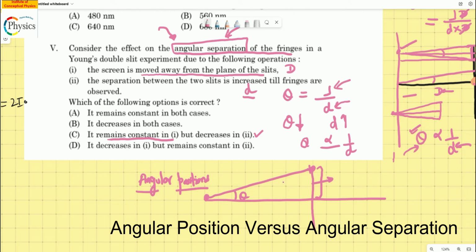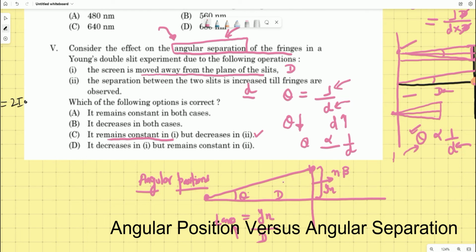Then the angle theta, how do you find this? This particular fringe position is given by n beta, if you remember, right? The nth bright fringe is getting created here at this position. This is y, the y nth, right? So tan theta is equal to yn, the position of the nth bright fringe, divided by the distance to the screen, capital D. With the help of this, you can find this theta.